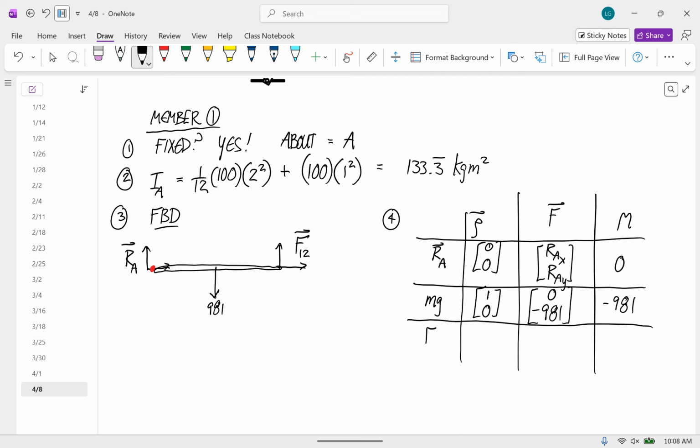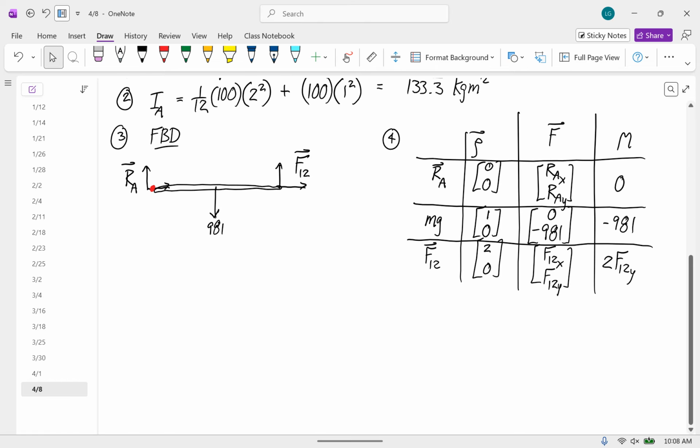And then last is the force F12. The row vector is 2, 0. The force is F12x, F12y. Cross product is 2F12y. Any questions about that?